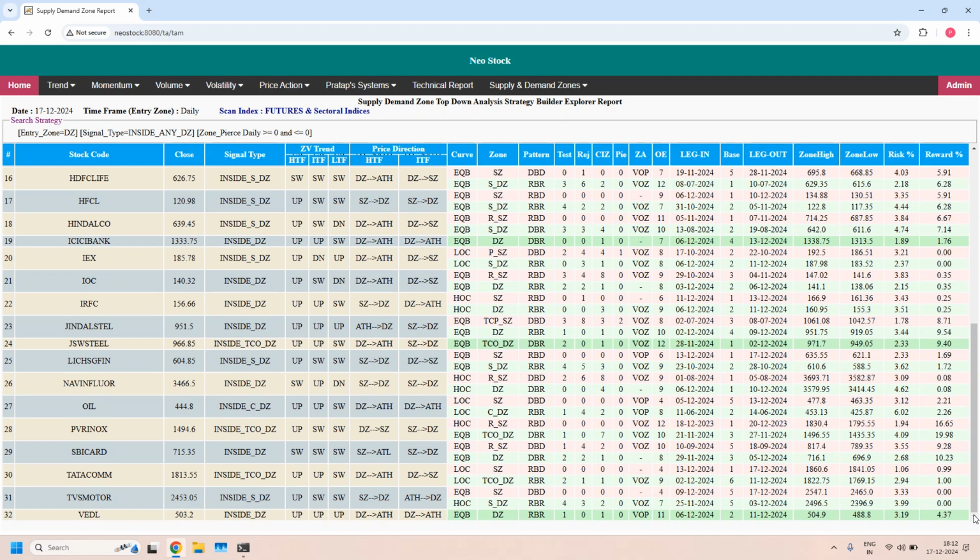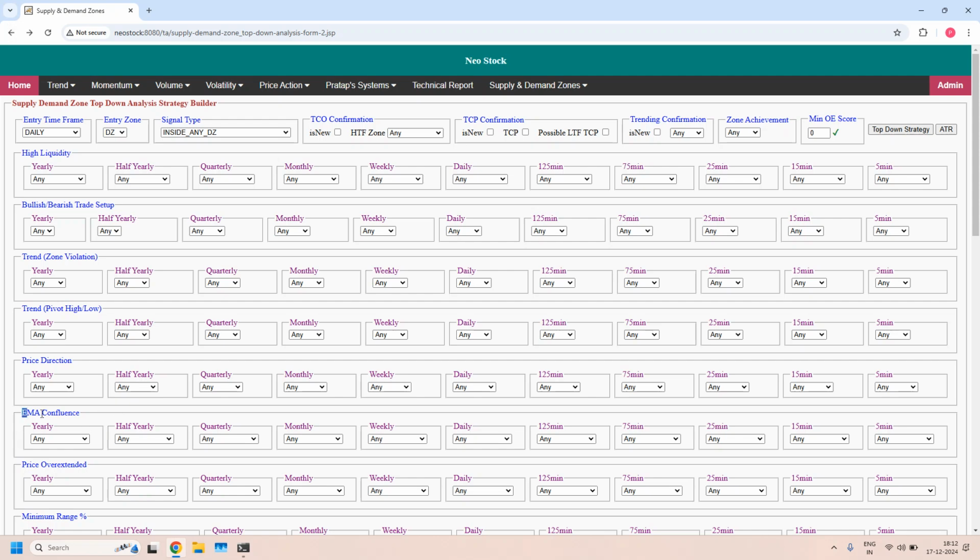So in these 32 daily demand zones where price closed inside the daily demand zones, we can further filter based on the daily demand zones having daily EMA confluence. Let's add that filter in the EMA confluence. At a daily time frame, daily demand zone having daily EMA confluence.